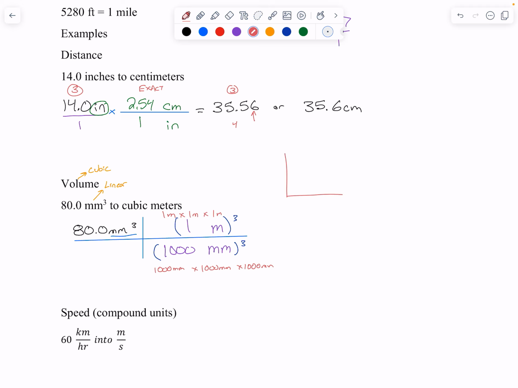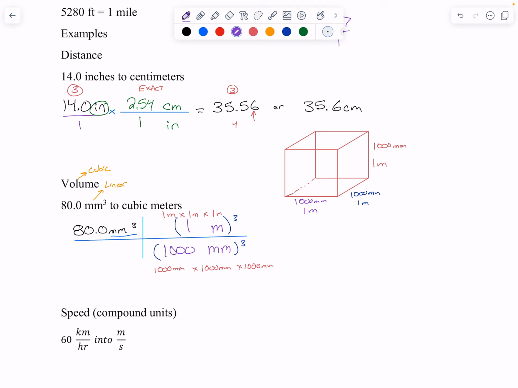If you think of a cube, it's 1,000 millimeters or 1 meter on this side, 1,000 millimeters or 1 meter on this side, and 1,000 millimeters or 1 meter on this side. Hopefully that makes sense why we're cubing it, because it's a meter by a meter by a meter, or 1,000 millimeters by 1,000 millimeters by 1,000 millimeters.